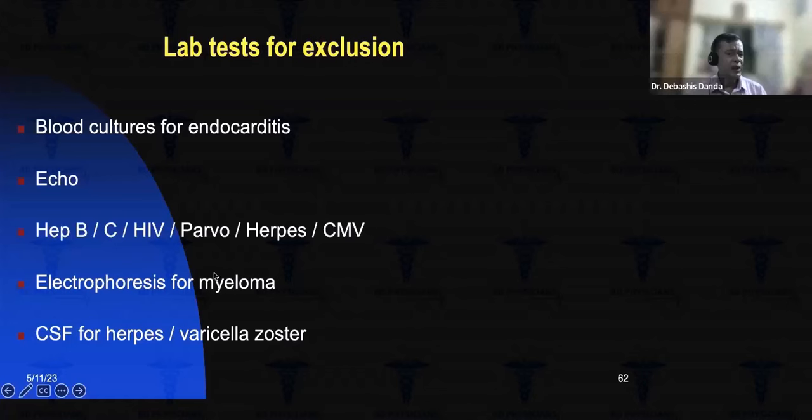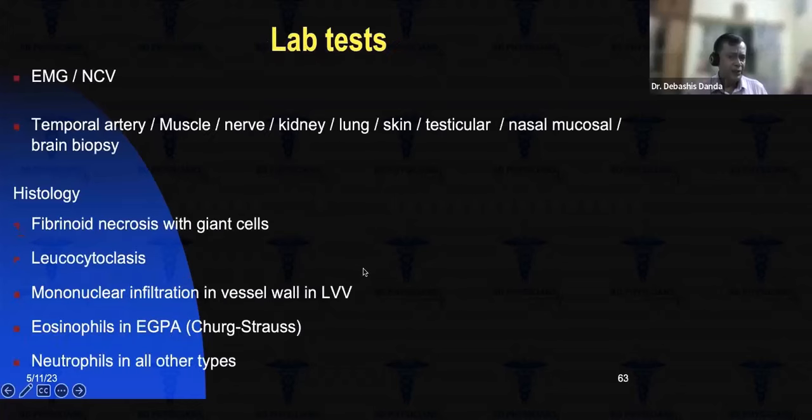Electrophoresis for myeloma: sometimes malignancy associated vasculitis can present in a very odd way with multiple presentations, and myeloma after age 40 could be considered as a possibility. CSF for herpes and varicella zoster is also to be done.